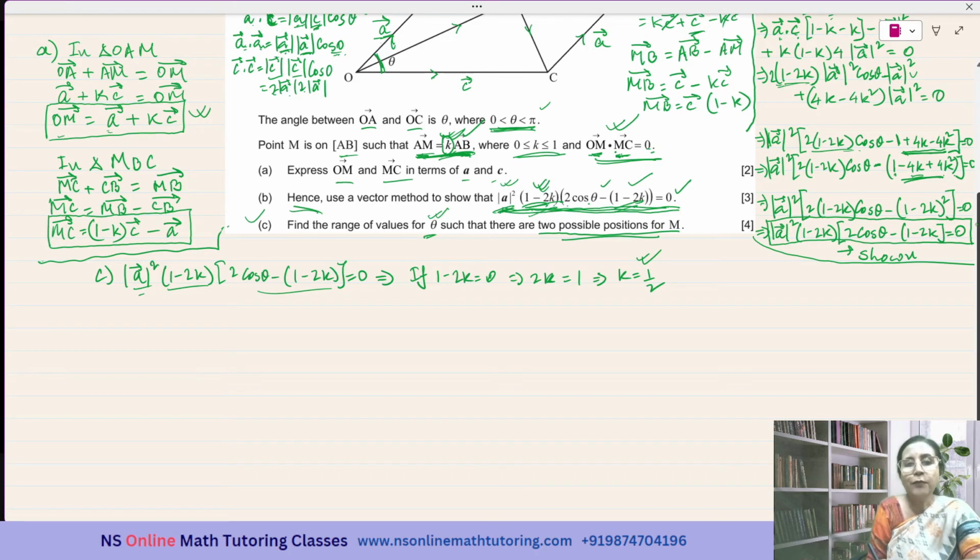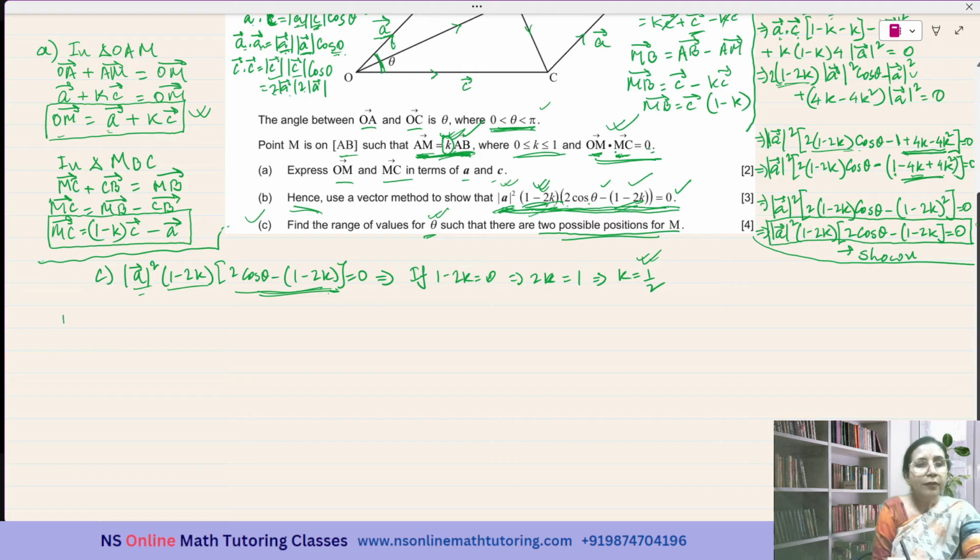They are asking for the theta value. So let us see what is the value of theta corresponding to k equal to half, because we have to reject that value of theta. In case we are including it, we have to reject that part. We have to be careful about it. So if 1 minus 2k equal to 0, we are getting k equal to half. Or else, this part can be equal to 0.